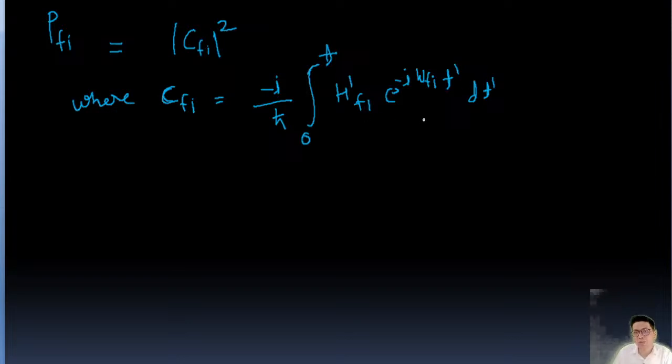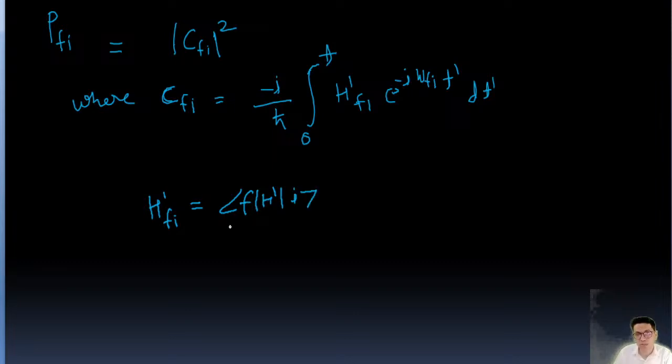Okay, so this is the Cfi. This is minus i upon h cut, integration 0 to t, H dash fi into e to the power minus i omega fi t dash into dt dash. Here, this value H dash fi is the final state with H dash with the initial state.